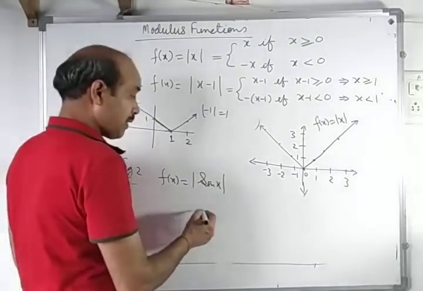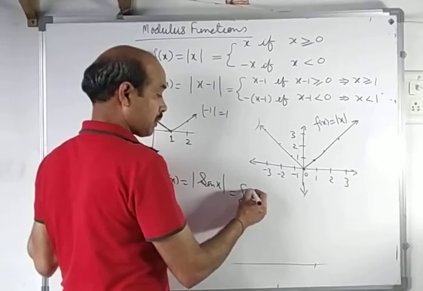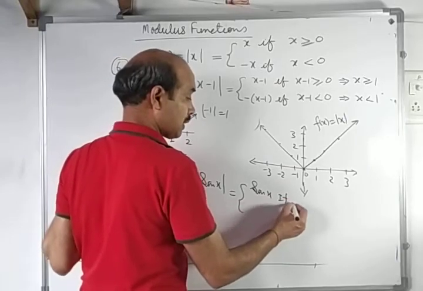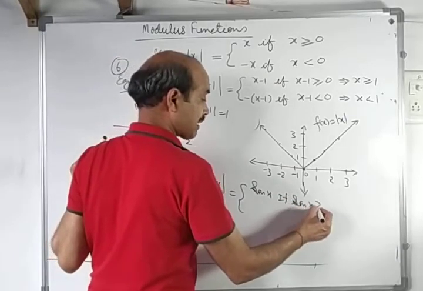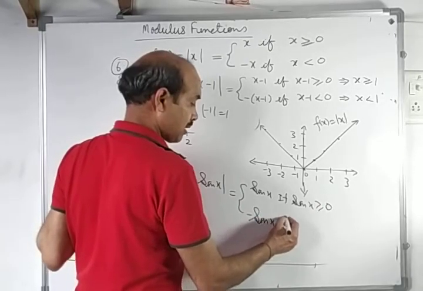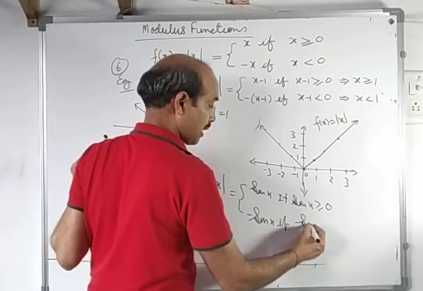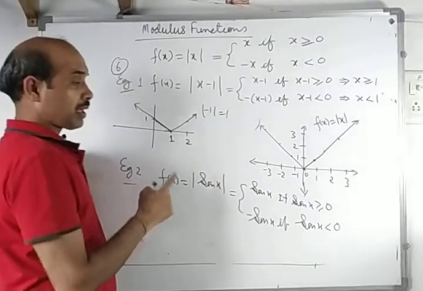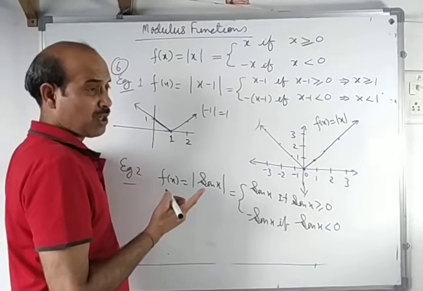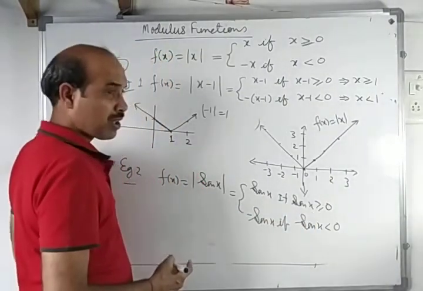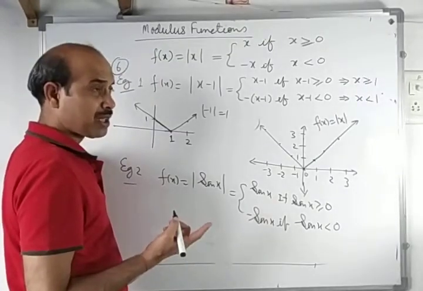Now it will be equal to sin x when sin x is greater or equal to 0, and it will be minus sin x if sin x is less than 0. And if you are talking about 0 to 360, we know that sin x is positive for 0 to pi, or 0 to 180.